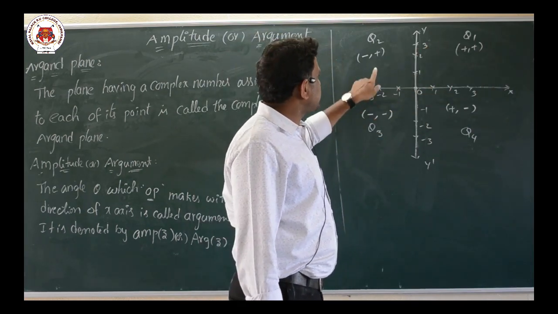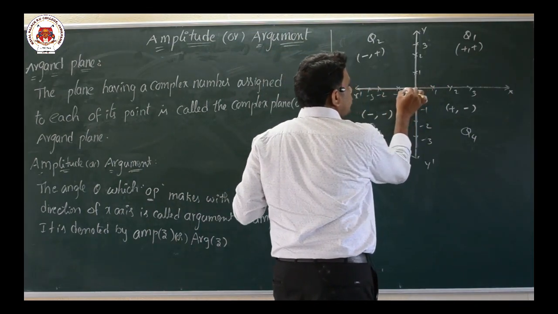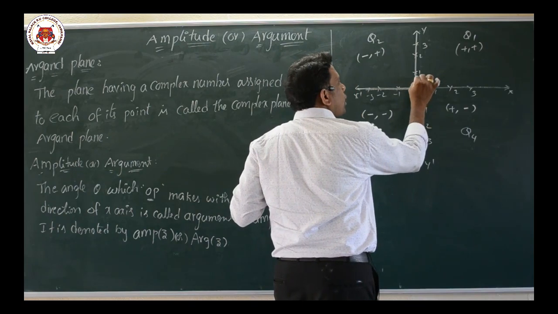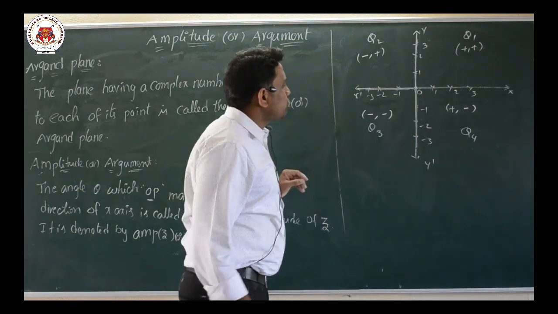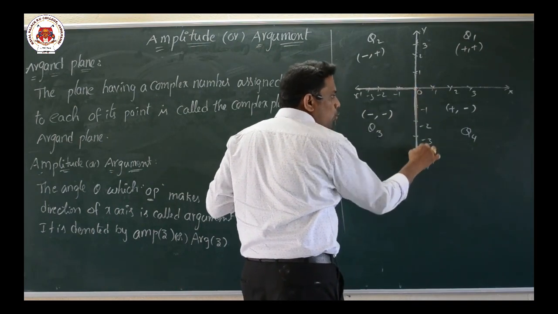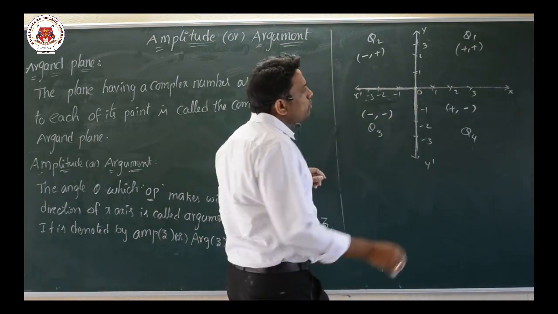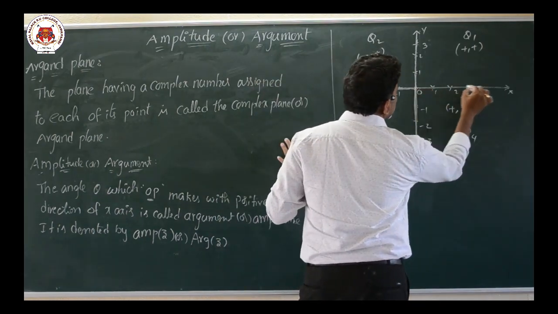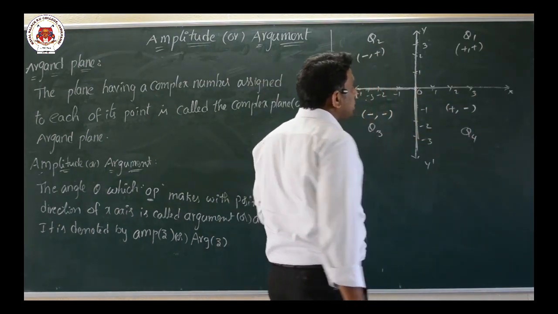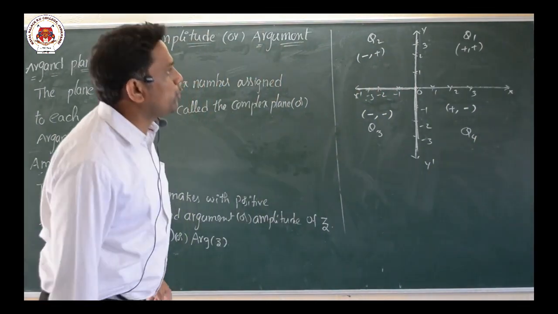In the second quadrant, x negative and y positive. In the third quadrant, x negative, y negative. In the fourth quadrant, x positive but y negative. So there are totally 4 quadrants, Q1, Q2, Q3, Q4.